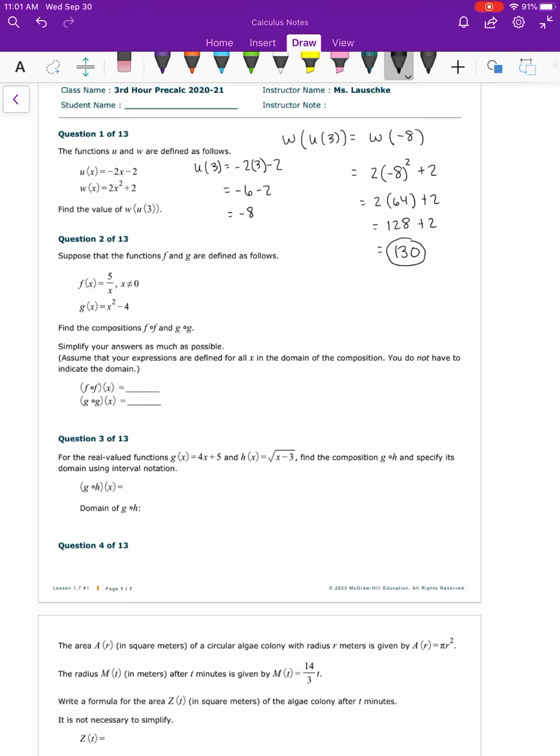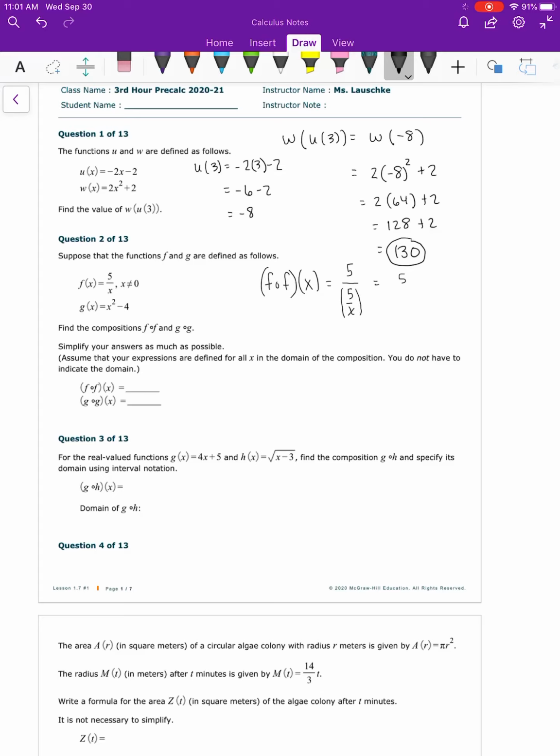Okay, so all I did was calculate the U of 3 and then put that in and calculate the W of that answer. For question number 2, suppose that the functions f and g are defined as follows. This is the one that I did in class, but I can try and do another one. For f composition f of x, remember that you are putting the entire function where there is an x in the f function.